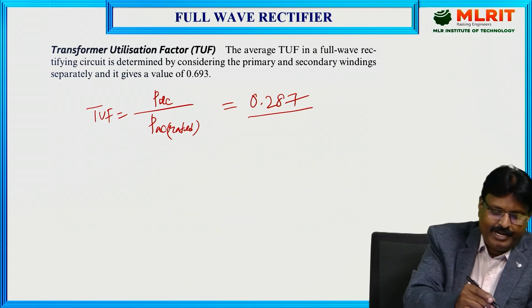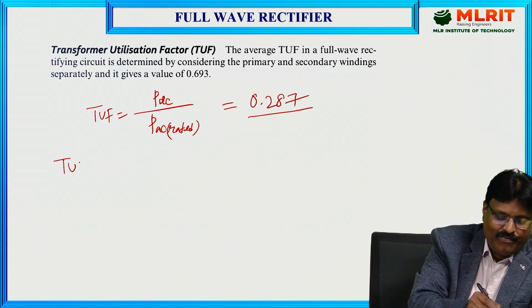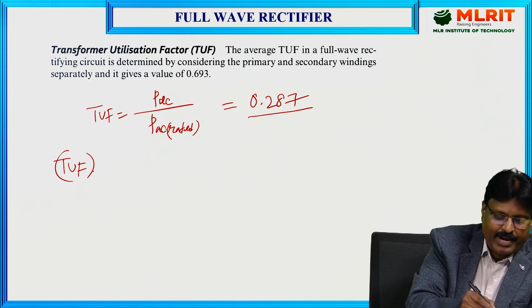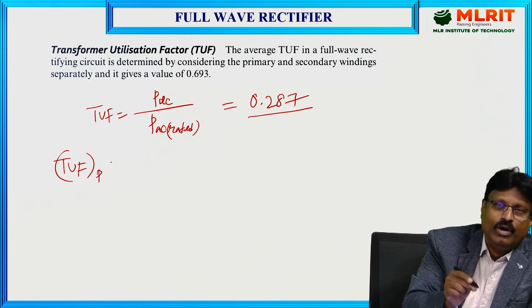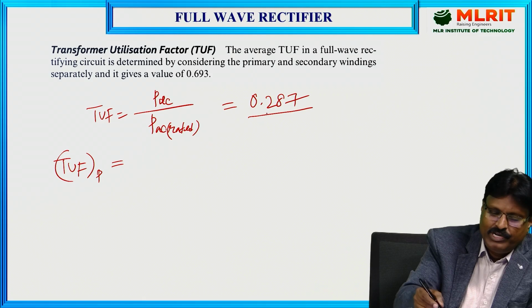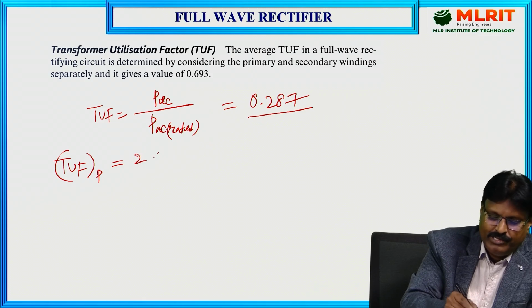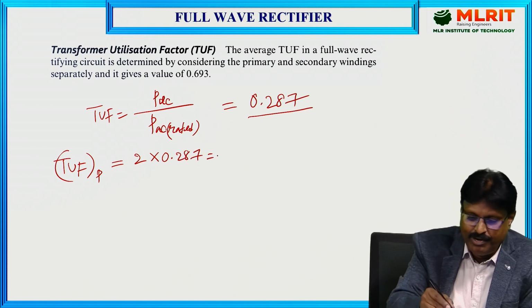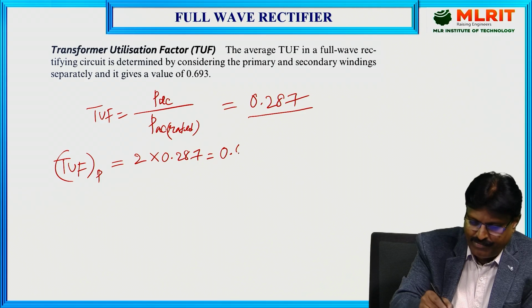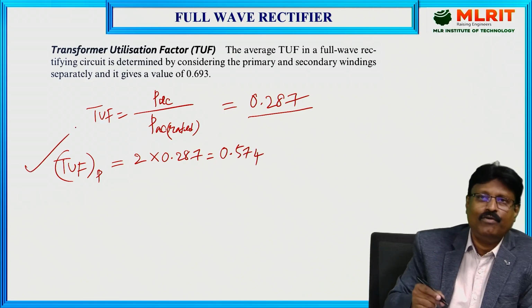I am writing directly here the TUF of the primary winding of full wave rectifier, which is driving two half wave rectifiers. That's why, what is the value you got? 0.287. I am writing directly 0.287. Okay, and the value you will be getting is 0.574. So this is about TUF of primary.